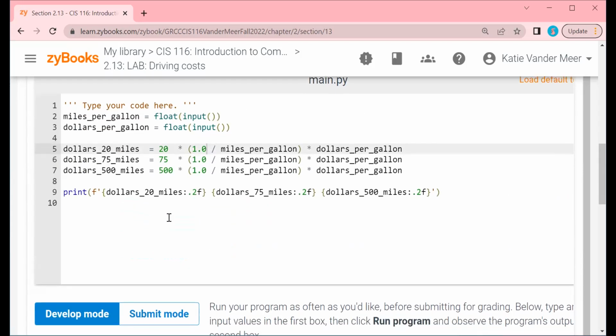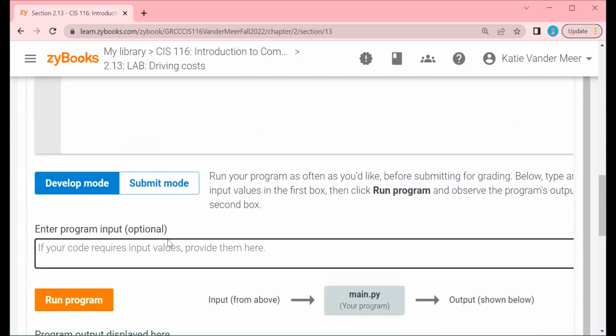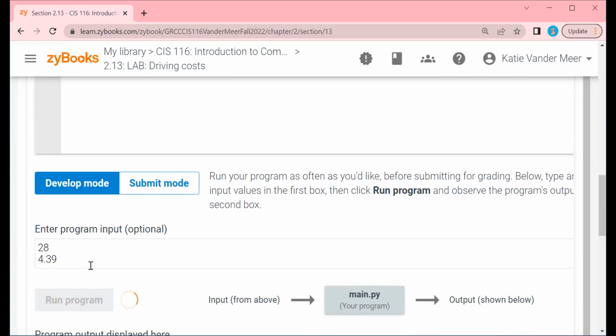If you get 28 miles per gallon and gas right now costs $4.39, then let me run my program.